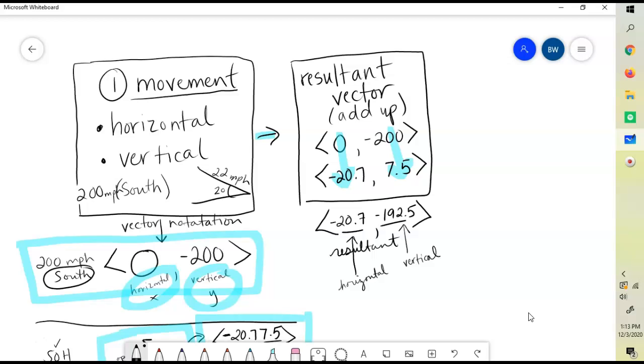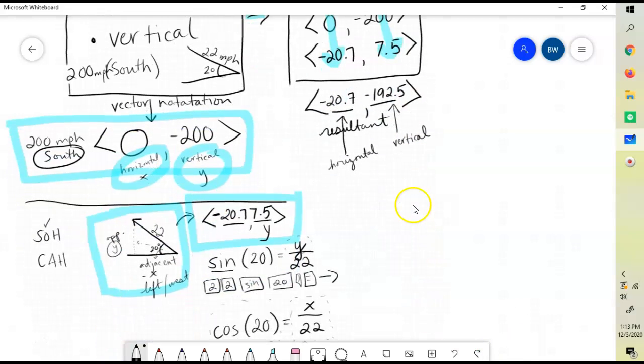So if we're trying to visualize this, I'm going to scooch that up. If we're going to visualize this, because the horizontal movement is this direction and the vertical movement is down, our vector is going to be in this direction. Hopefully you can see how that's coded into the negative numbers in our understanding of the coordinate plane.